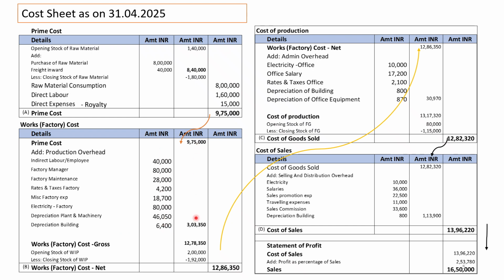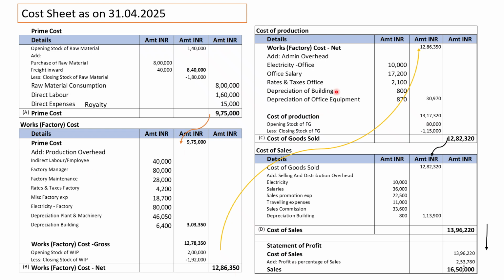If we add them to the prime cost, then add opening value of semi-finished, that is WIP, less closing value of semi-finished, that is closing WIP, then you will get factory cost. This is 12,86,350, the factory cost.